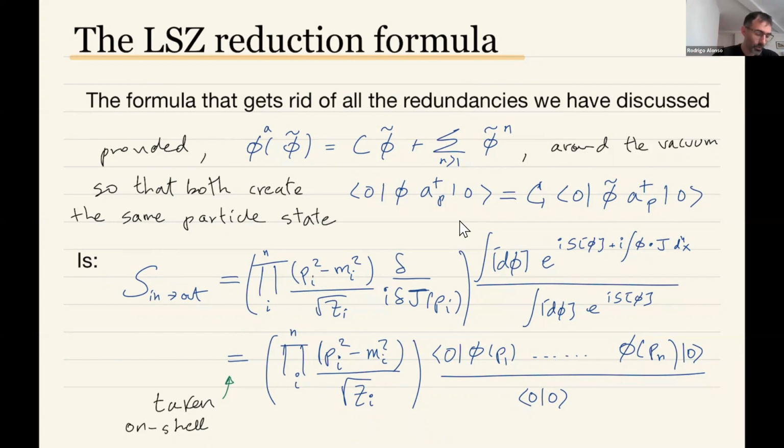So I'm assuming that these fields are truly in our manifold parameterizing deviations from the vacuum state.